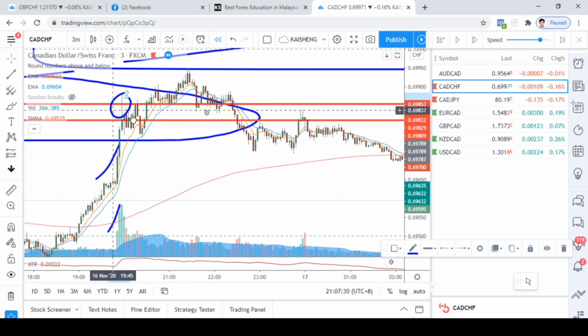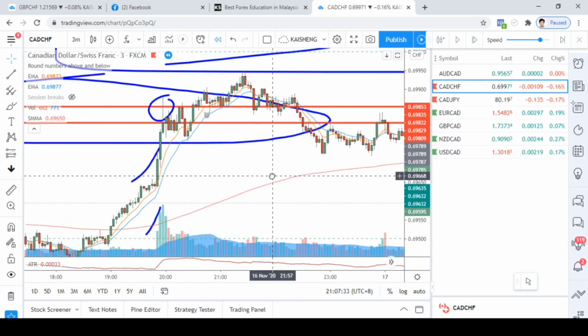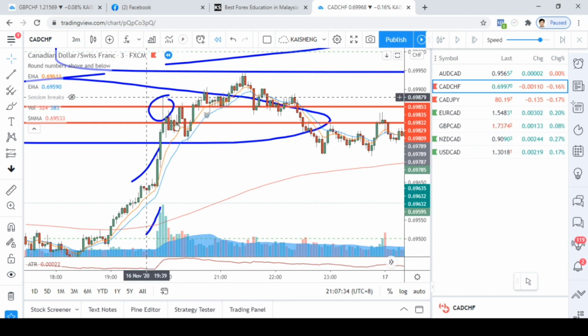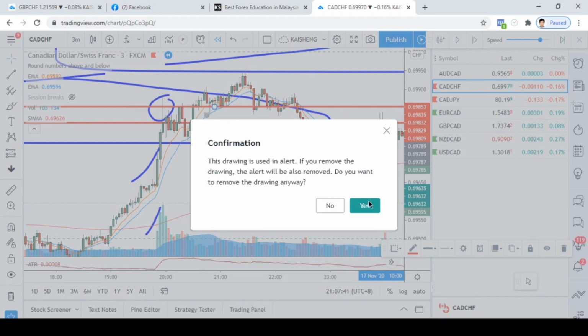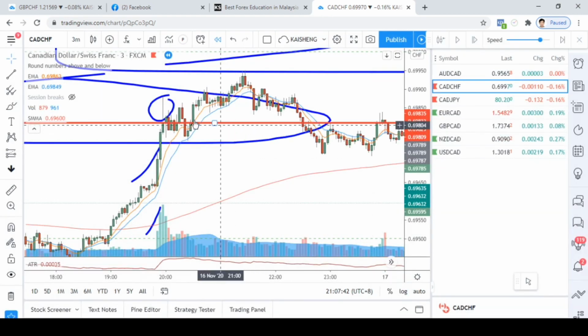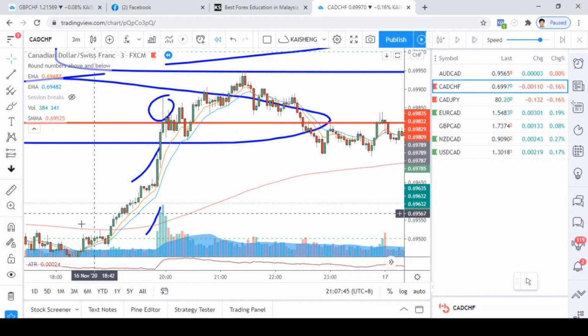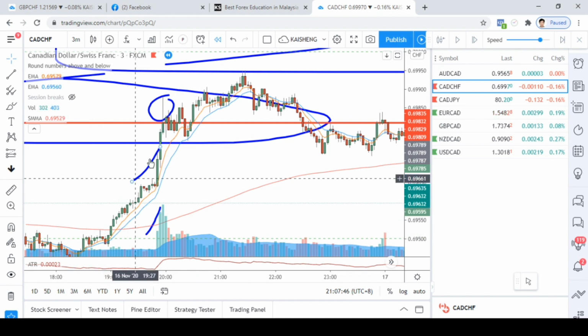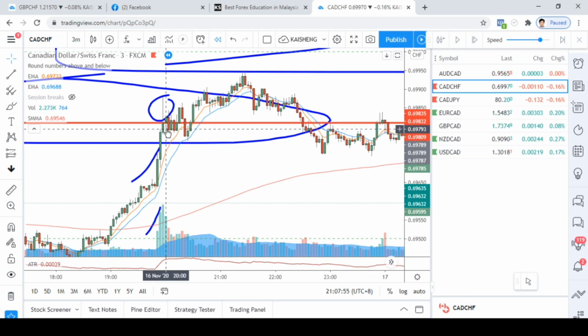Meaning that sellers are willing to sell from this price and above. When the price goes above this price, the people think that it's time to sell it. The big boys think that it's time to sell it.